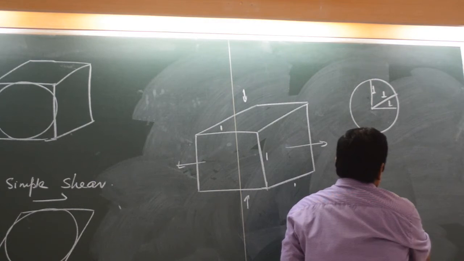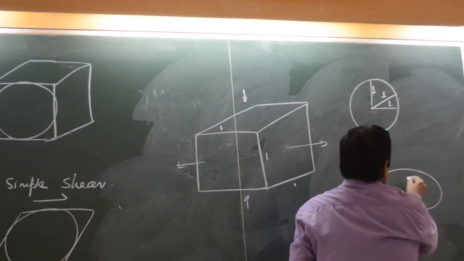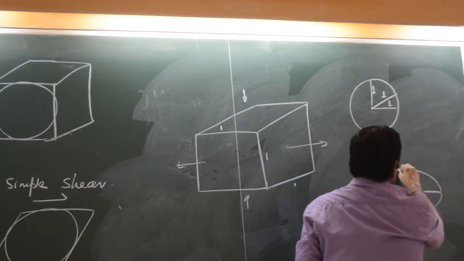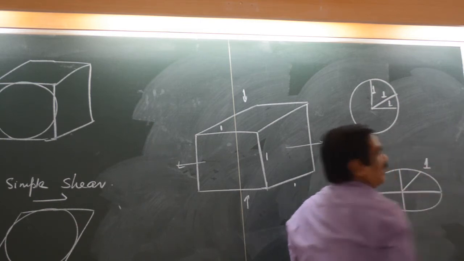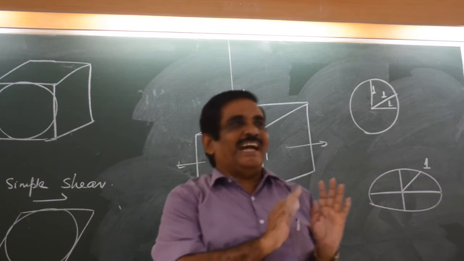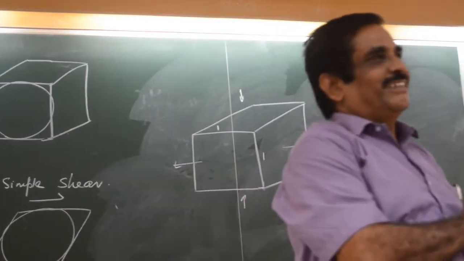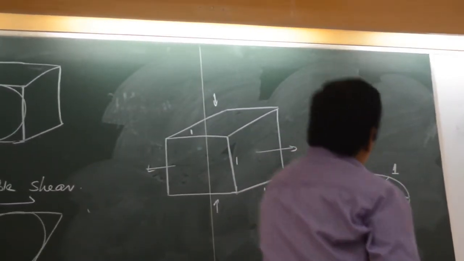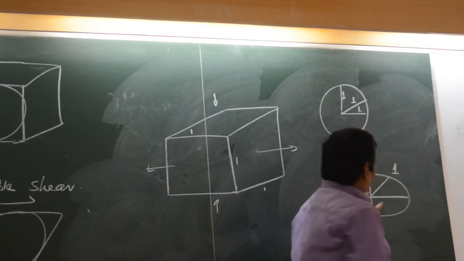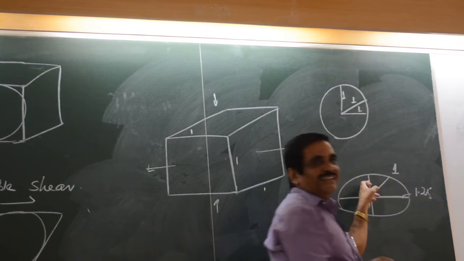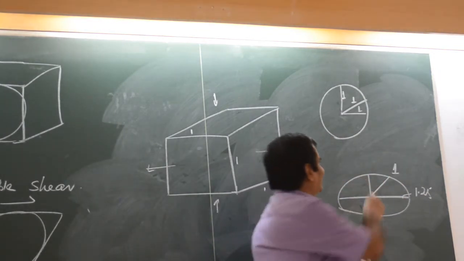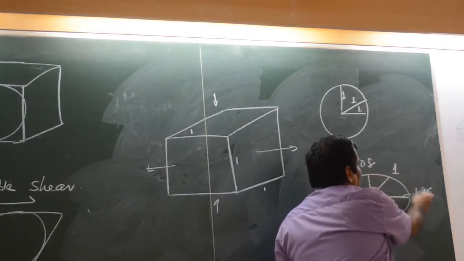Now when I am making an ellipsoid out of it, these two dimensions you have to vary, because this is 1 and will remain 1. We are not changing that. Understood? Only these 2 dimensions are changed. Suppose one side is 1.25, the other side will be how much? It will be 0.8, right? So that the multiplication will be 1.